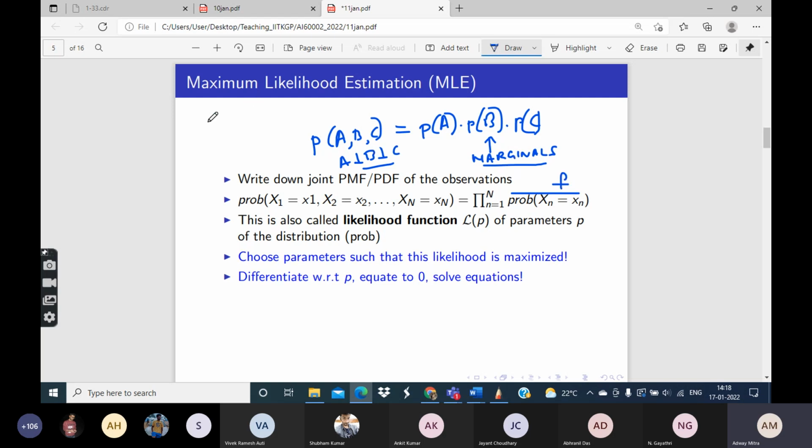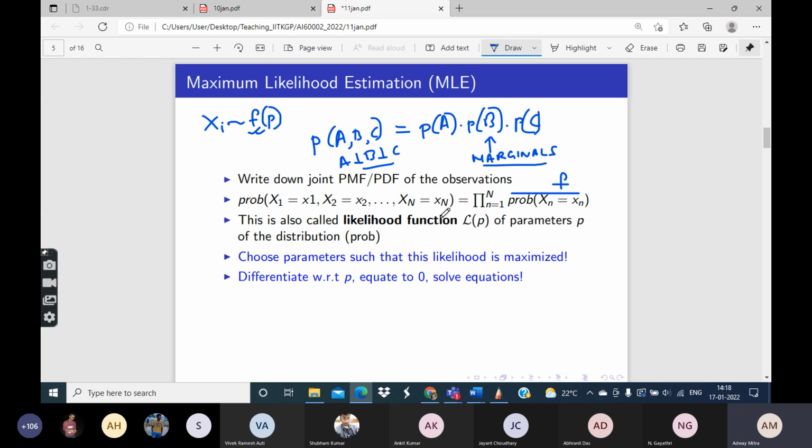So remember, we have already assumed that all the observations are the realizations of IID random variables, and those random variables follow some distribution F which we have already chosen, using the parameters P which we do not know as of now. Okay, so this is the joint distribution of all those random variables.